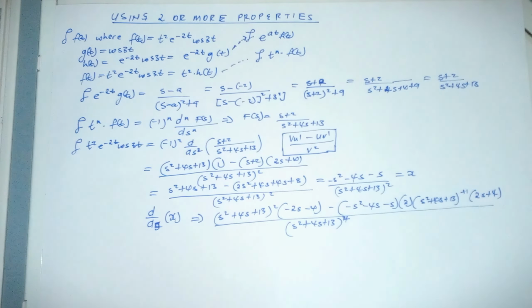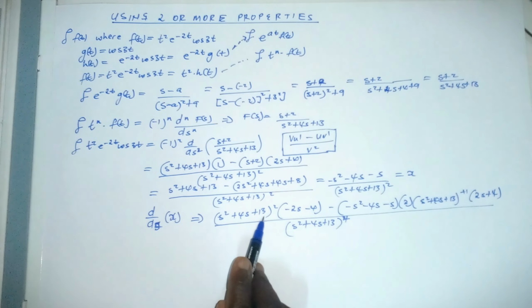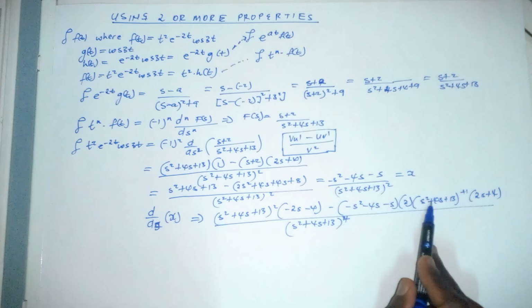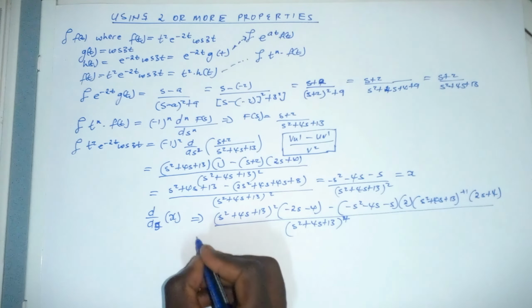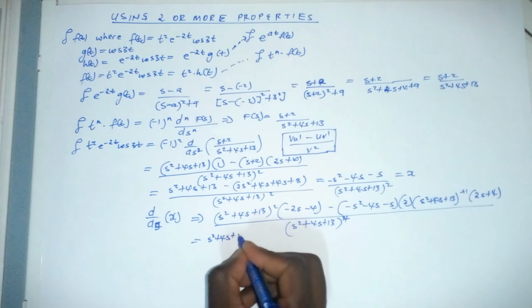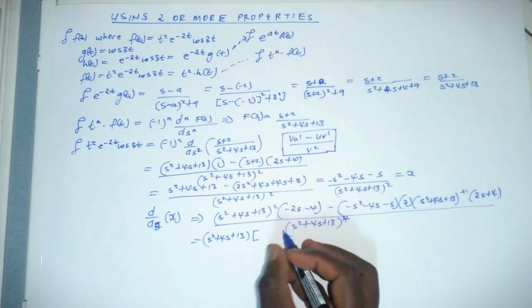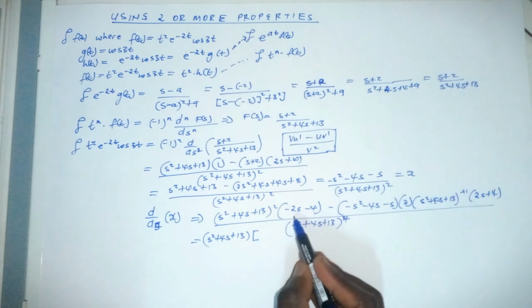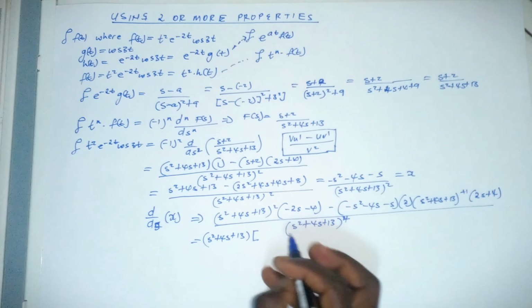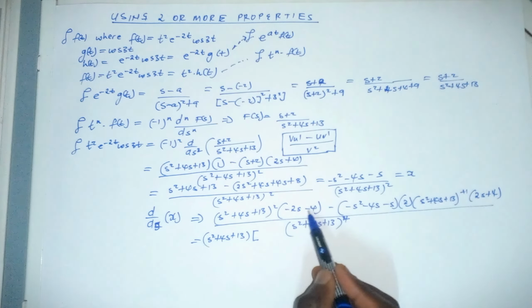Okay, so here we want to simplify our work. We have (s squared plus 4s plus 13) squared, and we have s squared plus 4s plus 13. So you can factor out s squared plus 4s plus 13. Okay, and if we do that, what are we going to get? We also have a negative here. Since we have negative 2s minus 4 here, I can just factor out the negative.